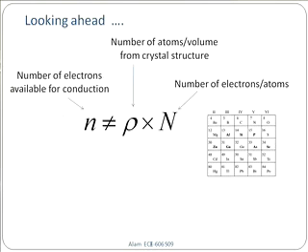The reason is, let's say I have just calculated the number of atoms per unit volume from the crystal structure, which is shown here in row. And from the periodic table, let's say for silicon, I want to calculate how many free electrons I have. I multiply it with the number 14, because silicon has 14 electrons.